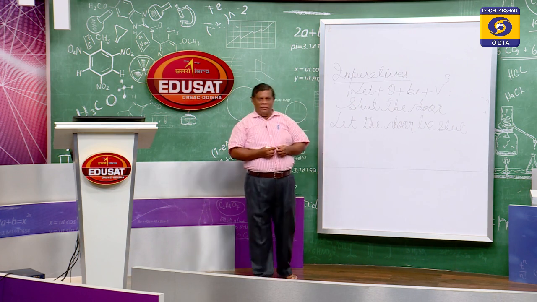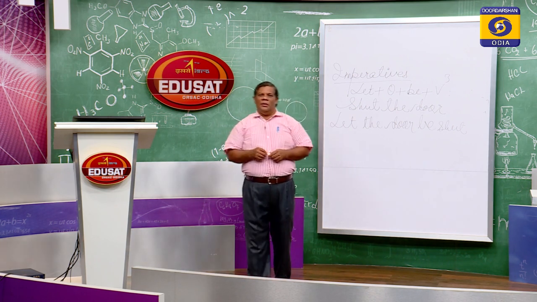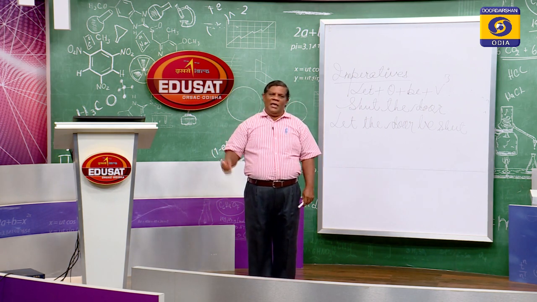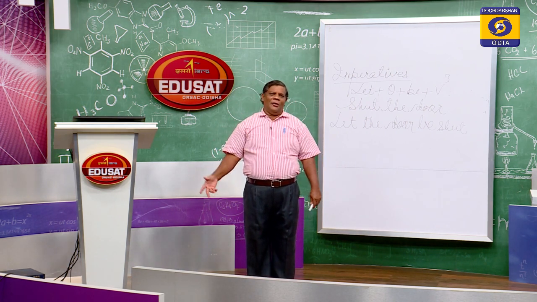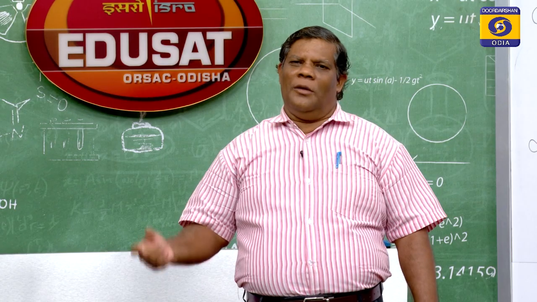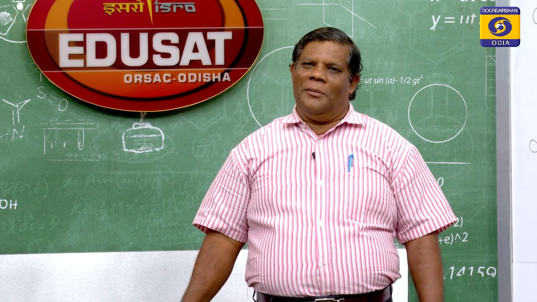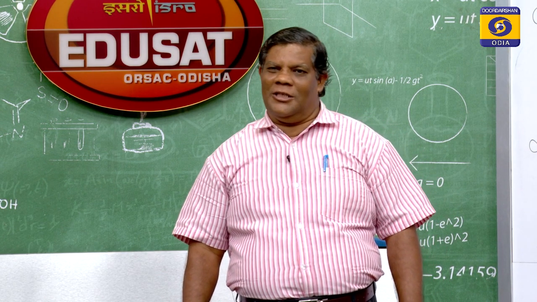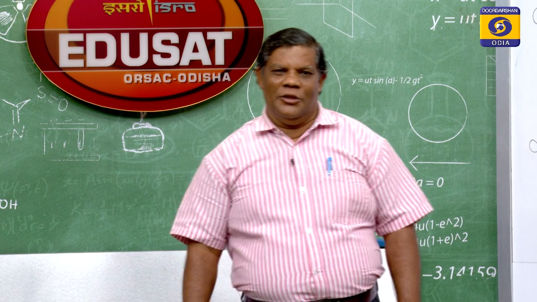This is the passive form. Open the window, let the window be open. Help the boy, let the boy be helped. Shoot the bird, let the bird be shot. The third form of shoot is shot, the third form of the verb.